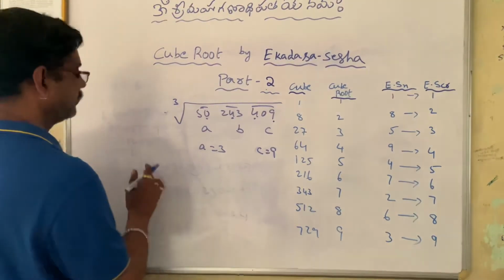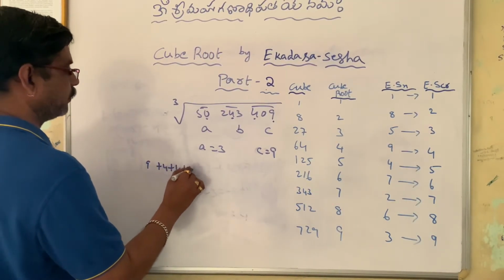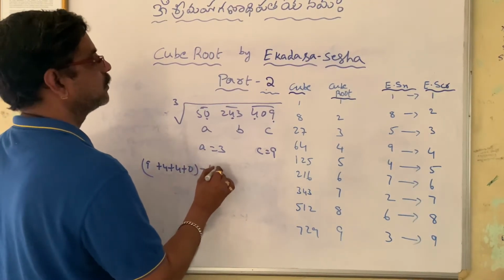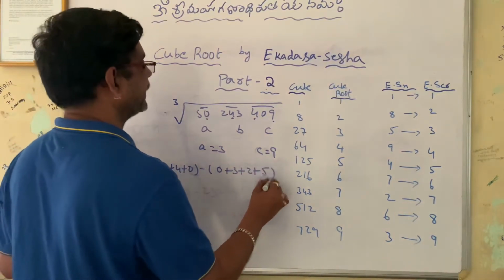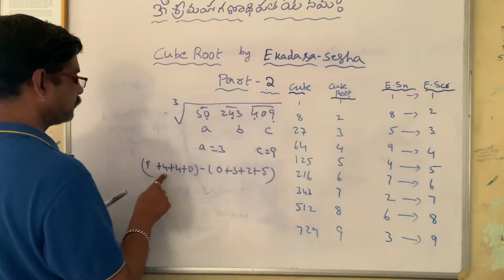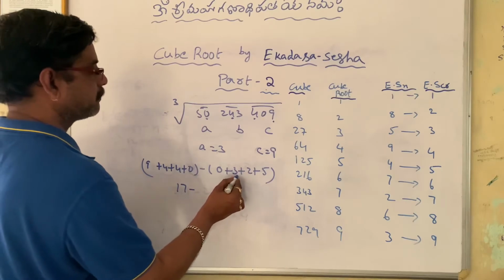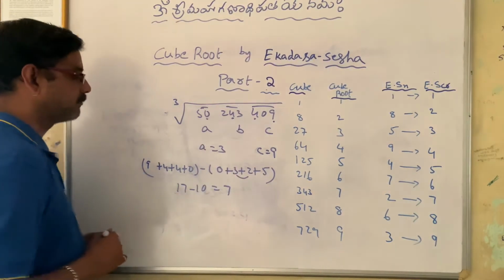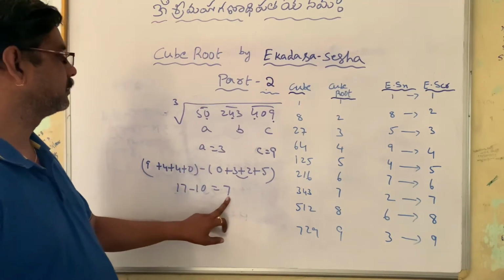Total 9 plus 4 plus 4 plus 0 minus 0 plus 3 plus 2 plus 5. 9 plus 4 is 13, 17. 3 plus 2 is 5, 10. So 17 minus 10 is 7. When we divide this number by 11, the remainder is 7.